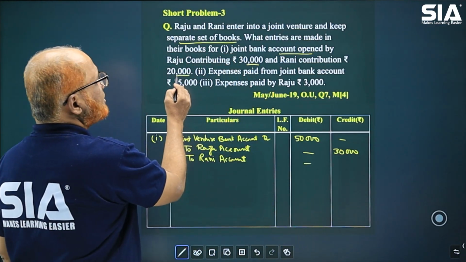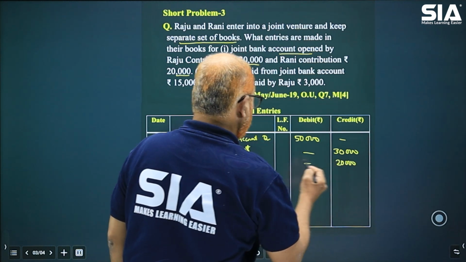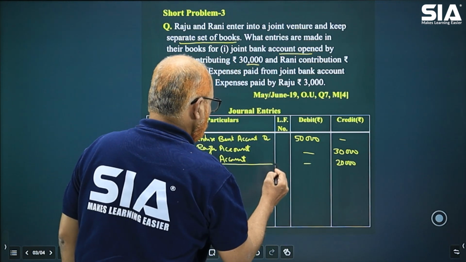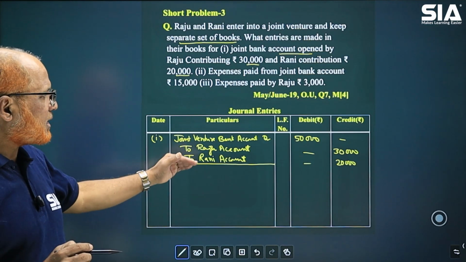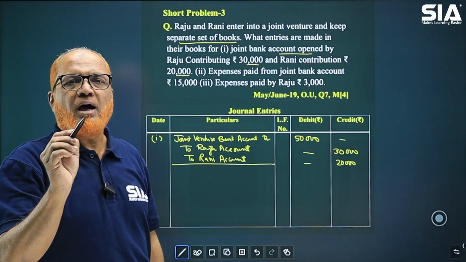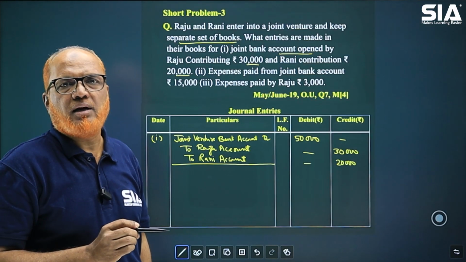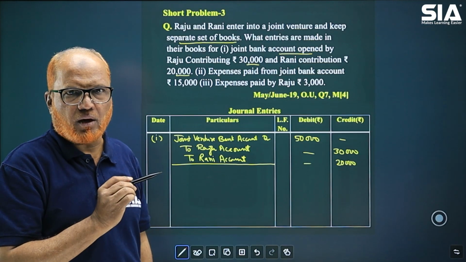And how much Rani is contributing? 20,000. Credit 20,000. So joint bank account debit to Raju's account, to Rani's account. That's all. What is the narration you will give? Being the amount contributed by each co-venturer in the joint bank account.